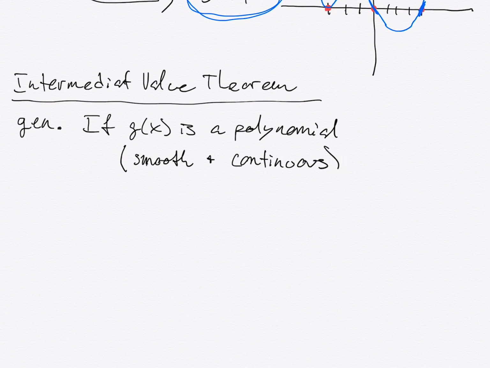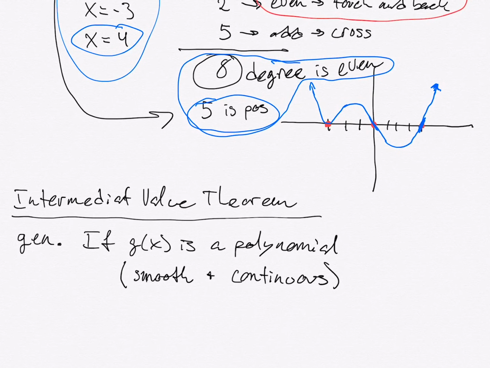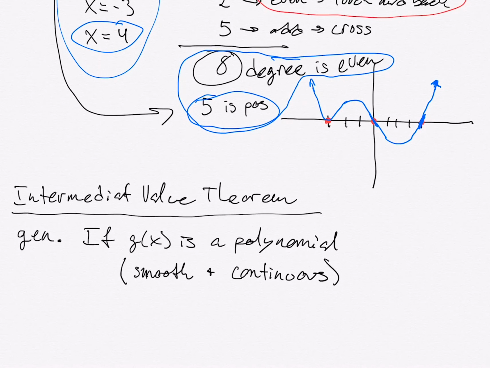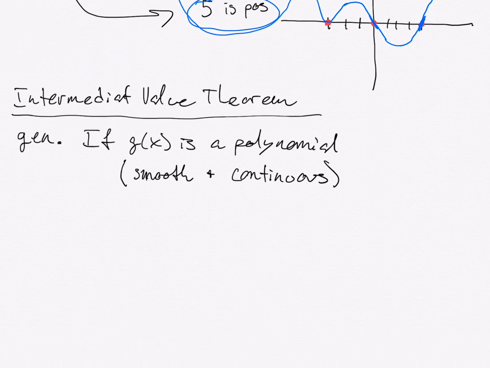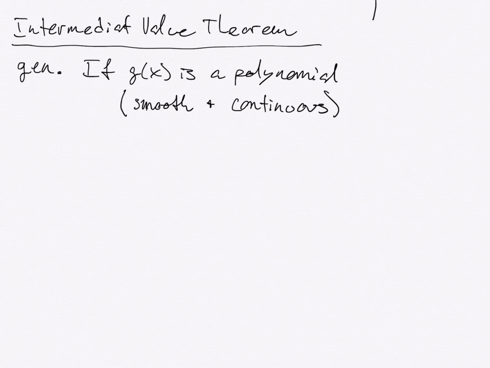So there won't be any breaks in this nice smooth curve, just like we saw in the previous example. The curve didn't come down and then have some kind of a gap in it and then restart down here. So it is important that we're working with a polynomial.